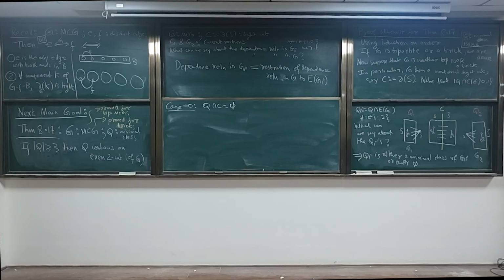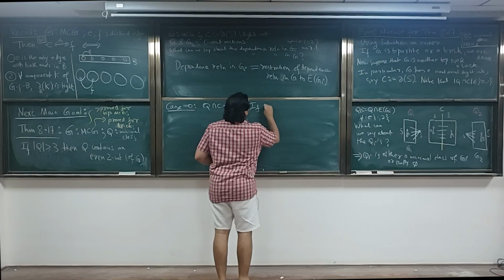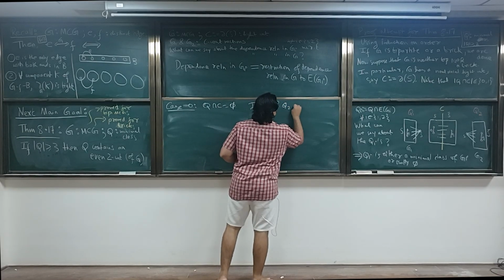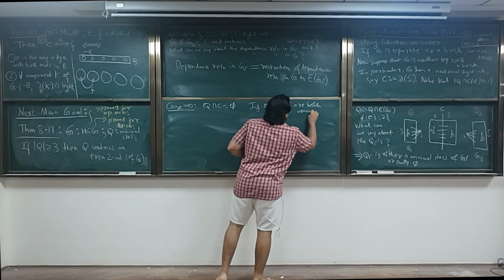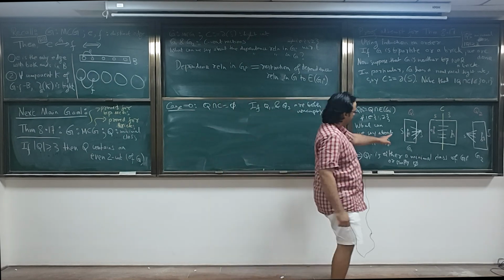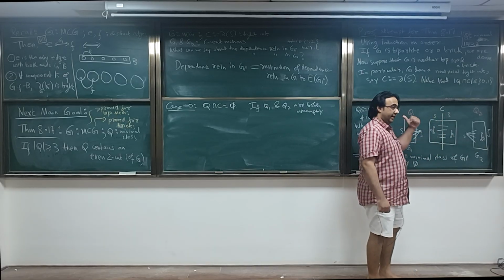If Q1 and Q2 are both non-empty, that just means that there is at least one edge here, there is at least one edge here, and nothing in the cut. That's the case we are in.